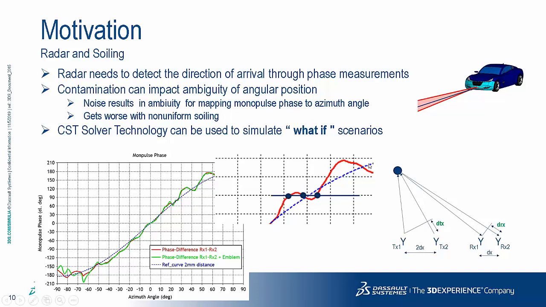You can see here that ideally we're going to have a one-to-one relationship between the electrical and physical angle, whereas once we start to get this noise in the signal, it becomes ambiguous as to which direction the signal is coming from. We correct for the install condition, but we can't correct for the water because we don't know where it's going to deposit and whether or not it's going to deposit uniformly over the sensor. So this is a reason why we would like to keep sensors clean if possible.